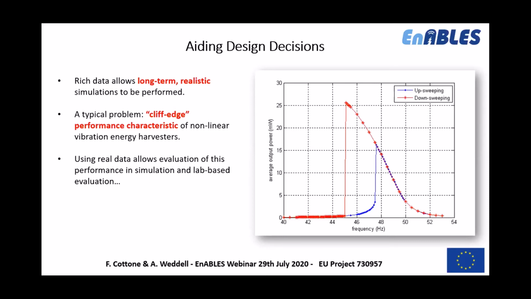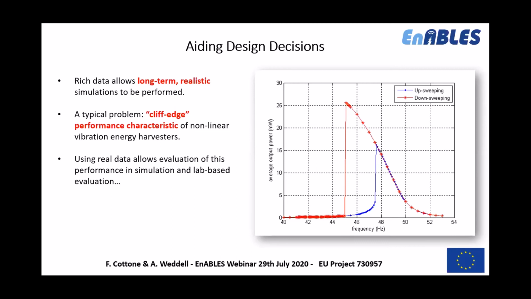Going the other way, though, if we're going downwards in vibration frequency, you can see you actually get some advantages by operating at a slightly lower frequency than 47.5. However, there's a cliff edge in both directions. There's a cliff edge on the way up, which means it's hard to get up to a significant level of vibration.